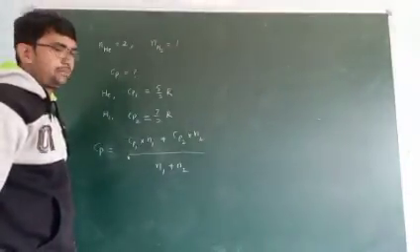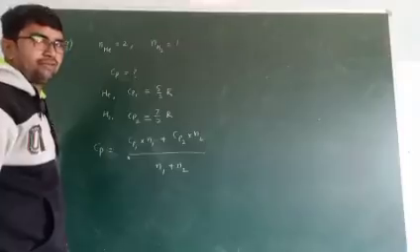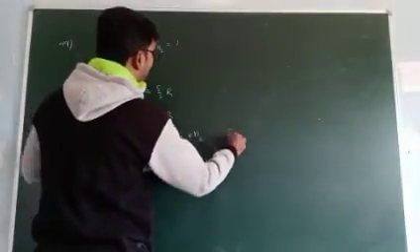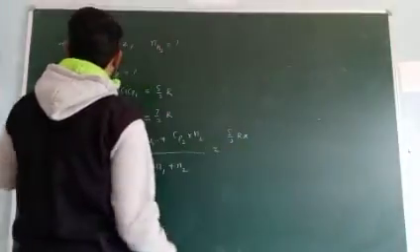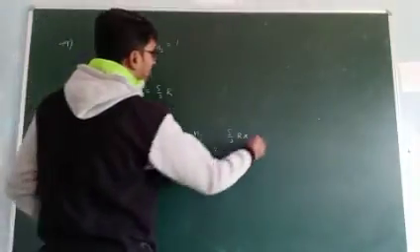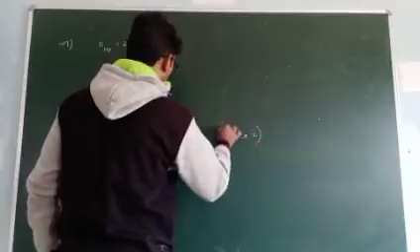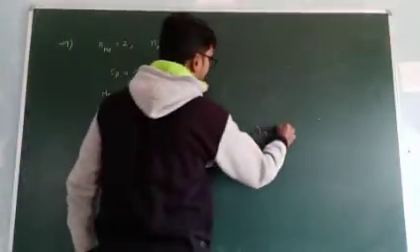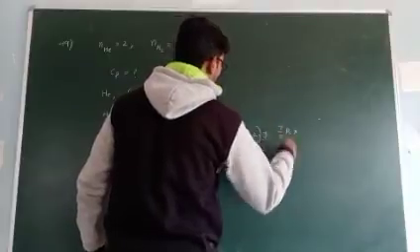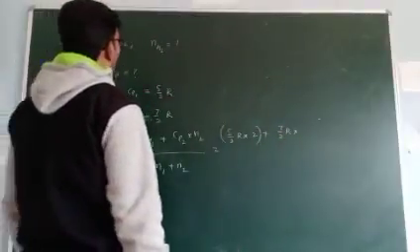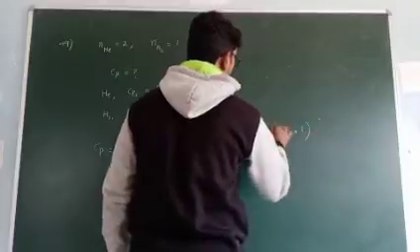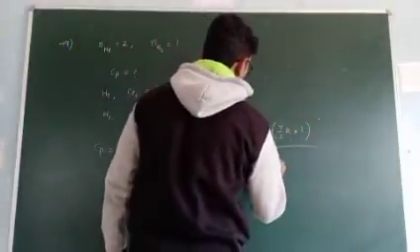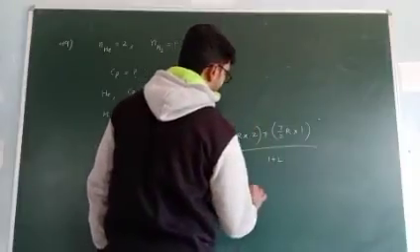So Cp1 is 5 by 2 R into N1, which is 2 for helium, plus Cp2, 7 by 2 R into N2, which is 1, divided by N1 plus N2, which is 1 plus 2, that is 3.